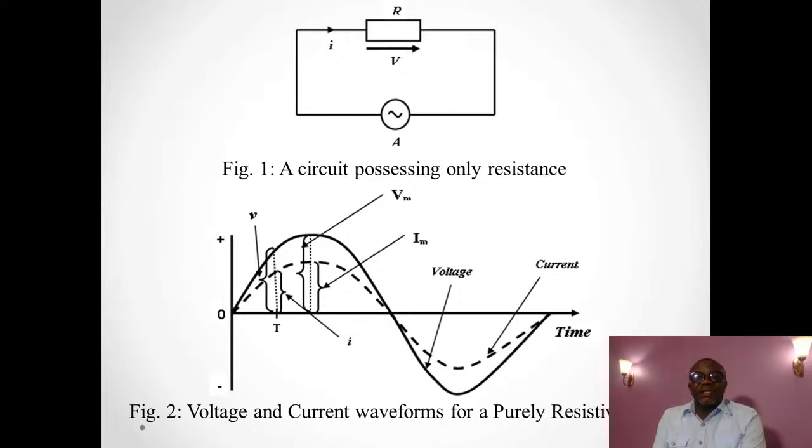So we say that the voltage and the current are in phase. But if you look at that, you see that the amplitude of V is bigger or higher than the amplitude of I. And I would like you to try to find the reason why the amplitude of V is higher than the amplitude of I.